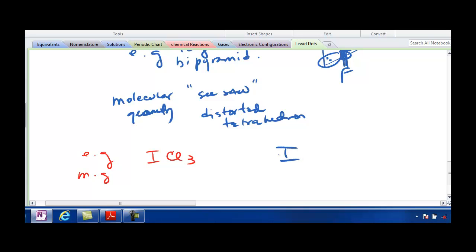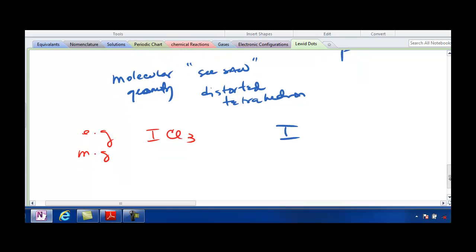So by all means, practice Lewis, because there's going to be still another layer. After molecular geometry and electronic geometry, we're going to talk about polarity of molecules. We can't do polarity of molecules unless we know the geometries, molecular and electronic. And we cannot do electronic or molecular unless we know how to do Lewis. So it's a series. You can't get to step 3 unless step 1 and 2 have been addressed.